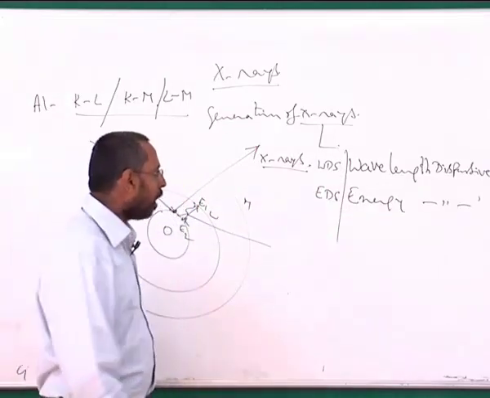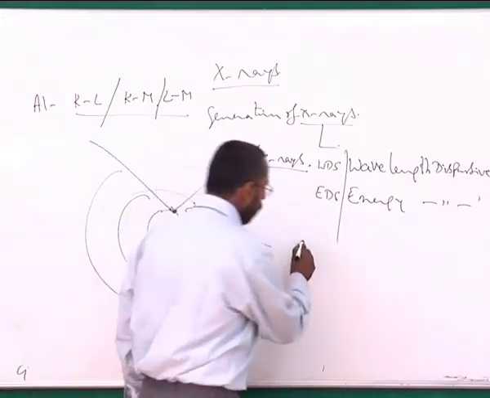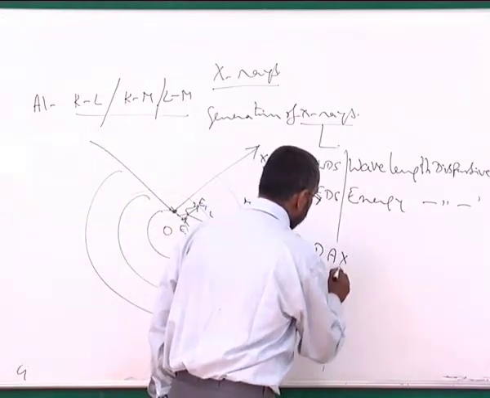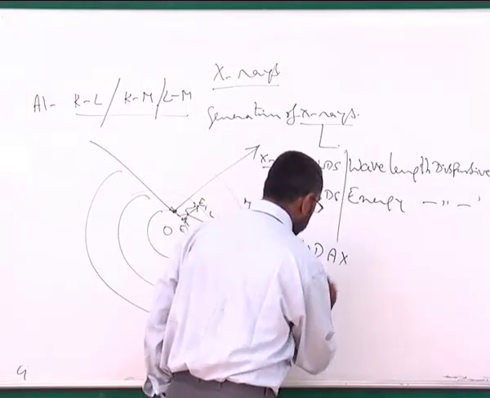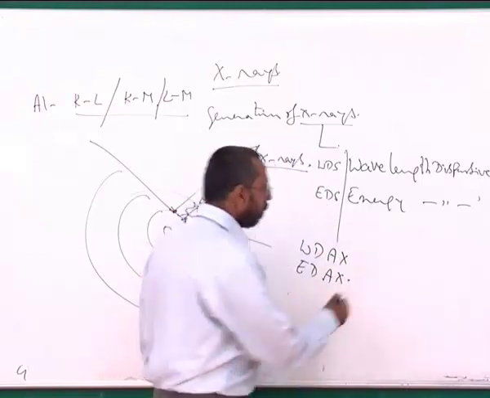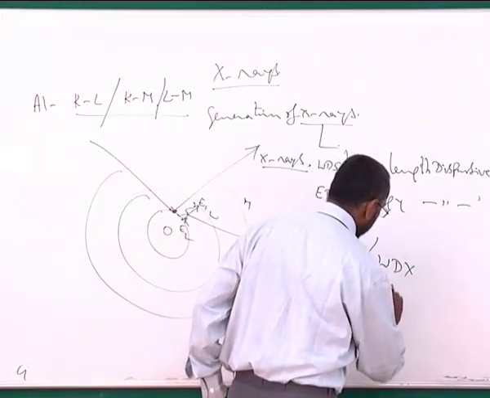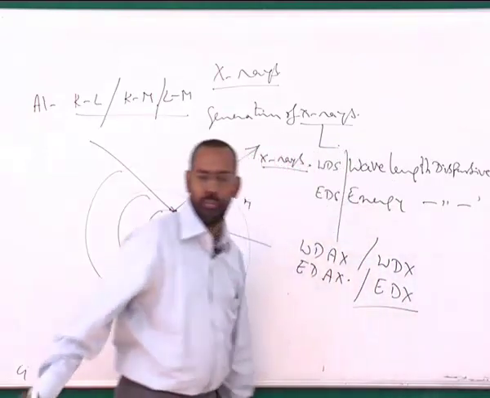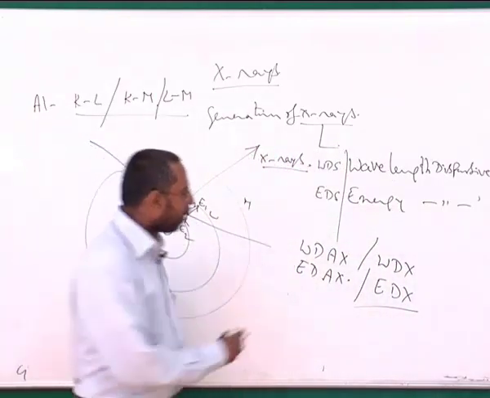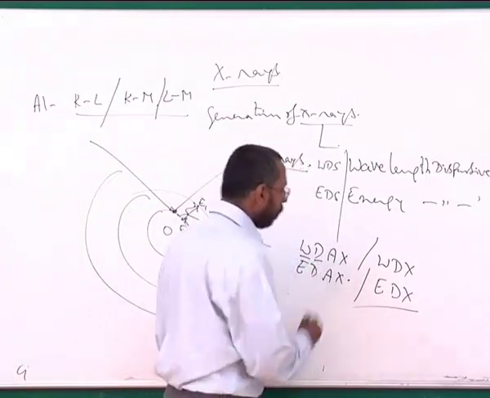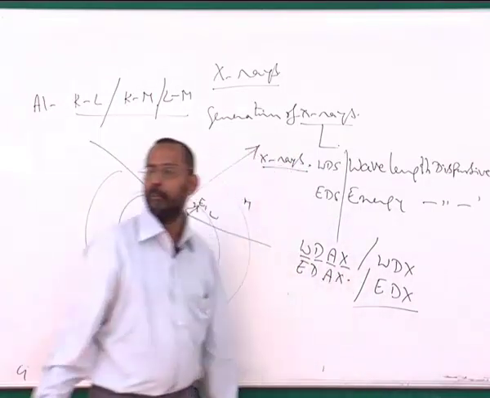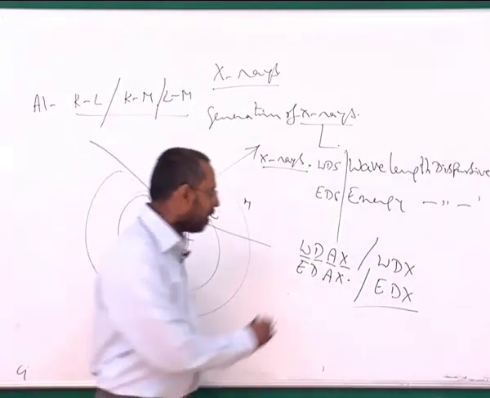Some people also call it WDAX and EDAX, or WDX or EDX. A variety of terminologies are being used. For example, it comes as wavelength dispersive analysis by X-rays. That is the meaning of WDX or EDAX.